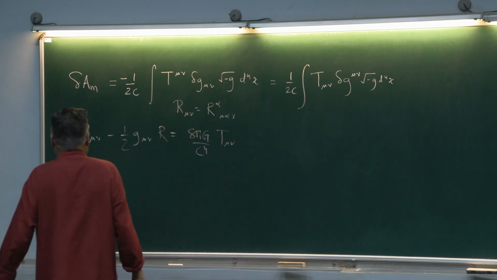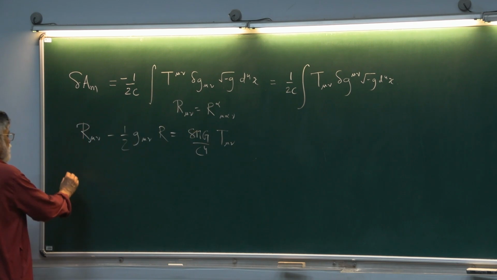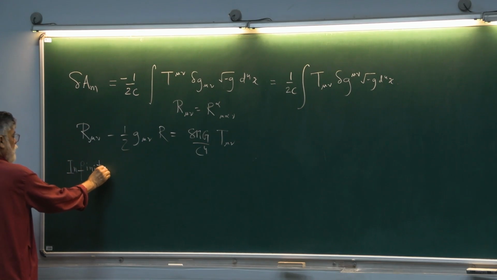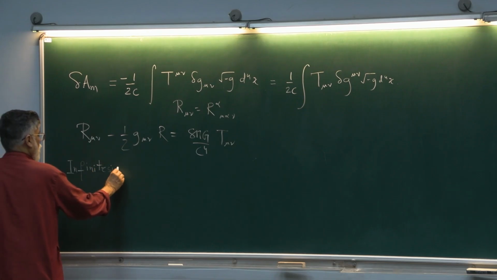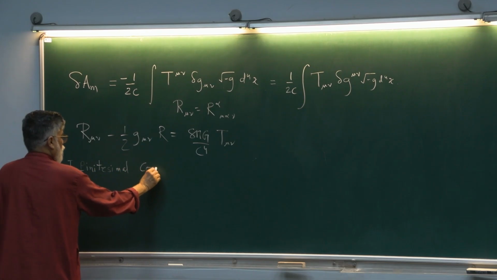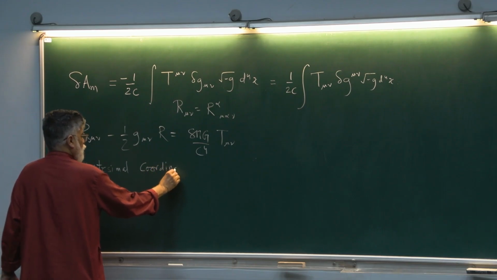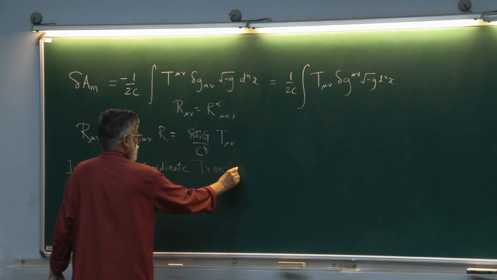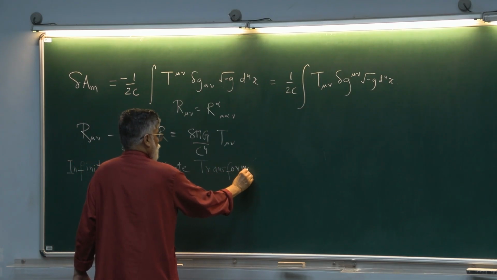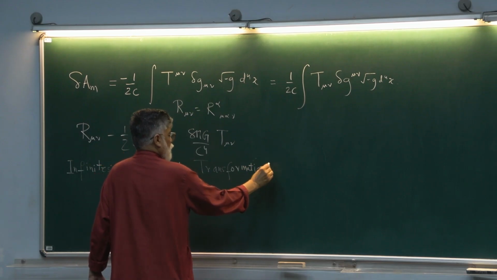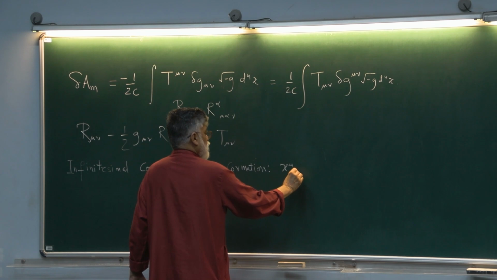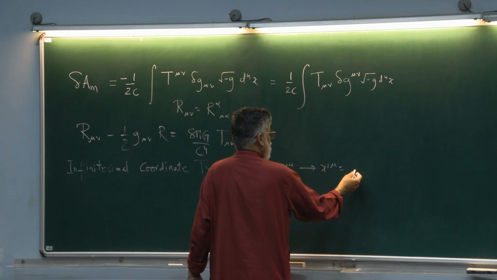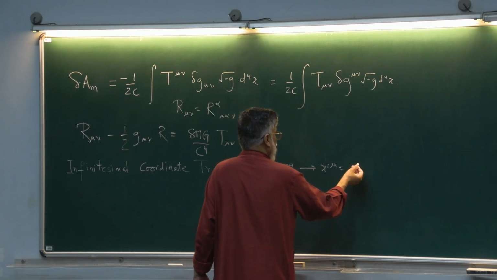Right, yesterday what we saw was when you make an infinitesimal coordinate transformation, where old coordinates go to new coordinates generated by an infinitesimal coordinate transformation via a vector field.